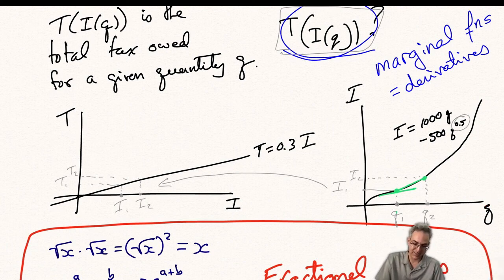But then he says, how will my tax change as quantity changes? When I'm down here, my income changes slowly. Does my tax also change slowly? And if my quantity is here and income goes up much faster, will my tax also go up faster? Or what will happen? That's what you want to know.